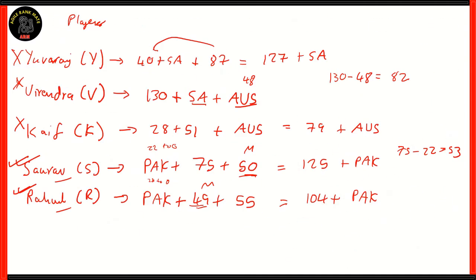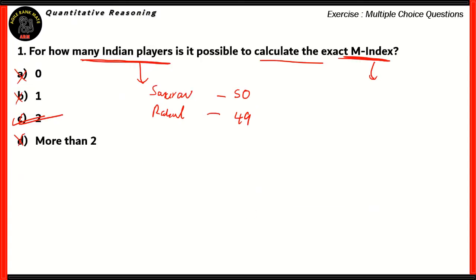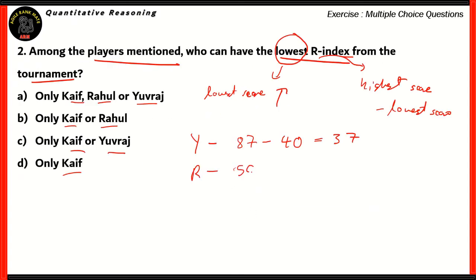So we consider Rahul scoring 22 against Pakistan, and his highest score then would be 55. Now 55 minus 22 gives us 33, so Rahul's lowest R index would be equal to 33. So what about Kaif?